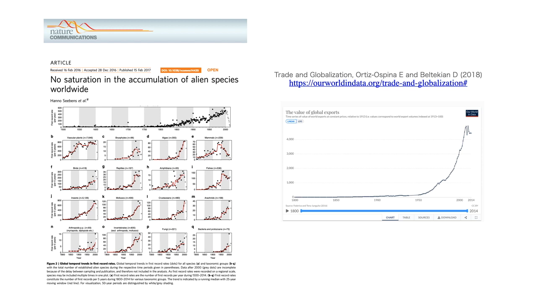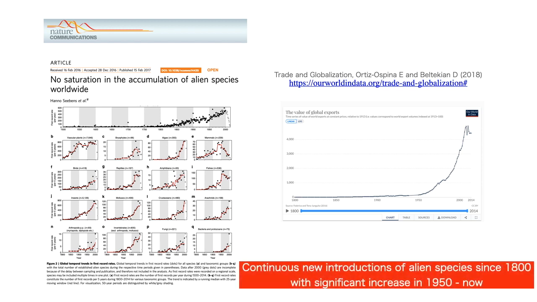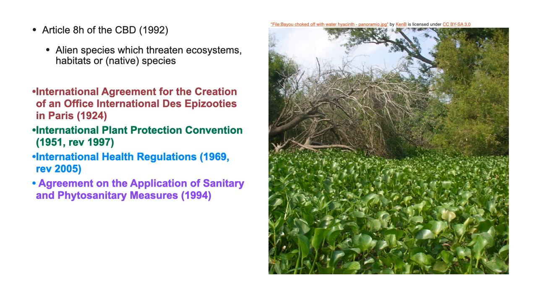At the same time, when you look at the normalized export value at the global level, the sudden change happened in the 1950s. So it is clear that some trade issues are related to the introduction of alien species.